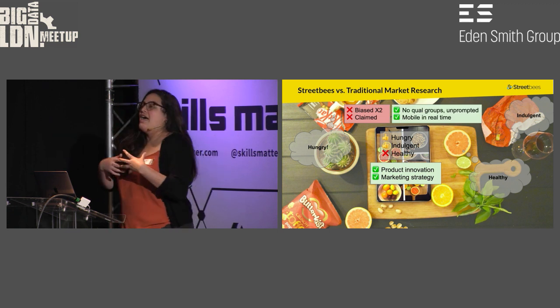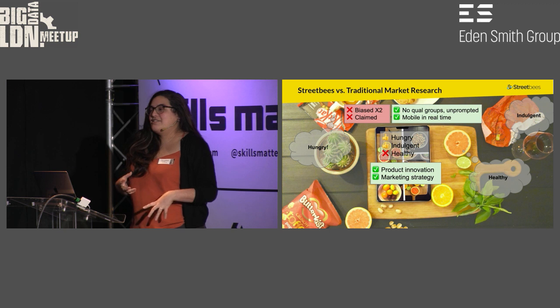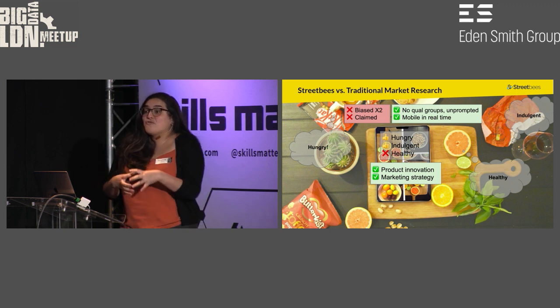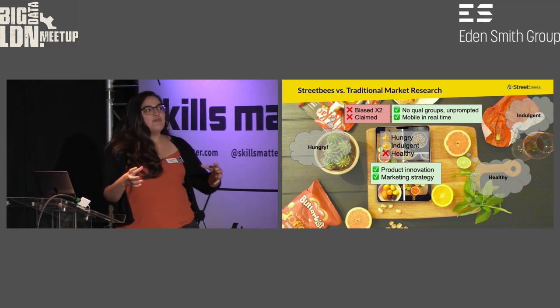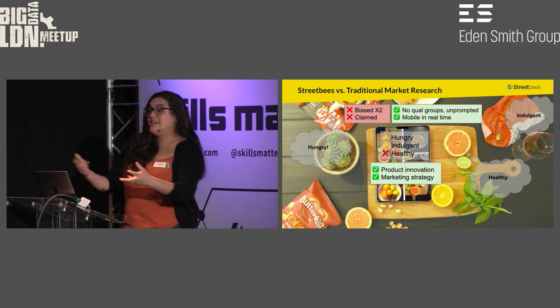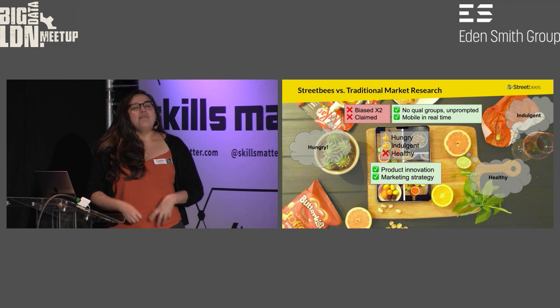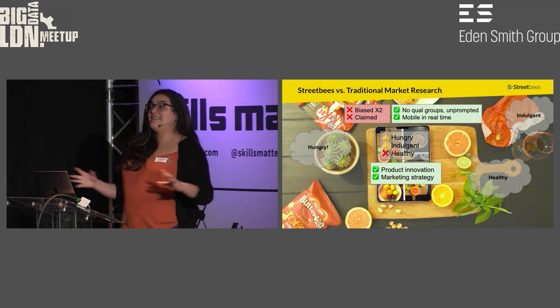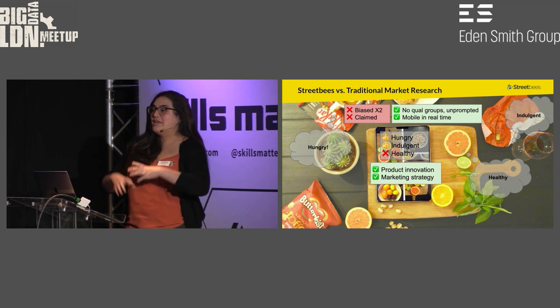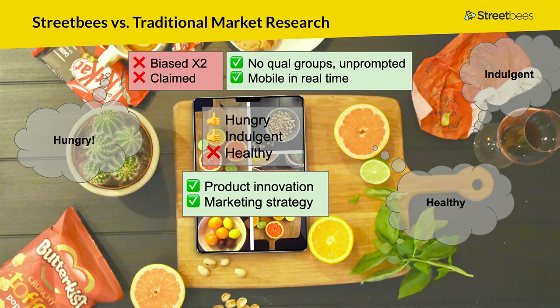If you're running a market research survey, what you might do is start with a qual group, a small group of people, and ask what motivates them to eat whatever they're having for lunch. But we don't do that. Essentially, everyone's the qual group. We run large surveys, and we let people say what they want in their own words, not giving tick boxes.